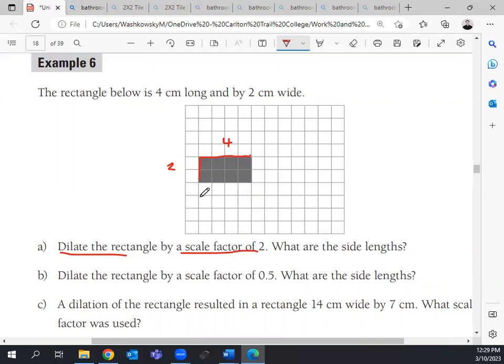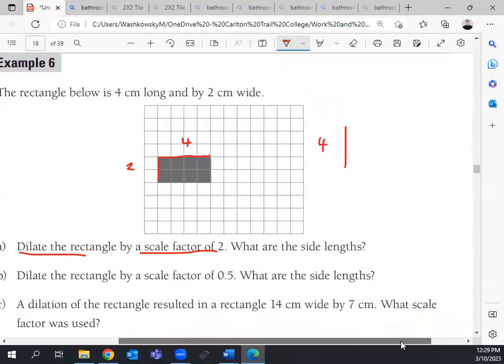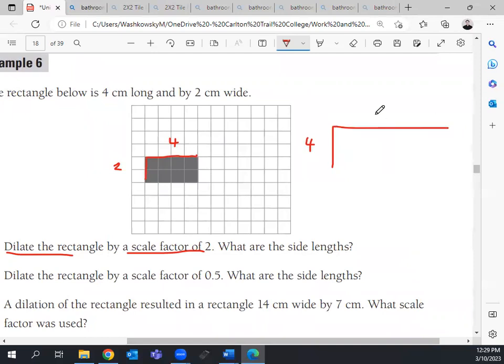So now instead of, I'll just draw it here. You don't need to draw this. So now what it would actually be is a total of 4 centimeters tall, because 2 times 2 is 4, and 8 centimeters long, because 4 times 2 is 8. So this would be your new shape. So when you scale it by a number bigger than 1, it's going to get bigger, right?